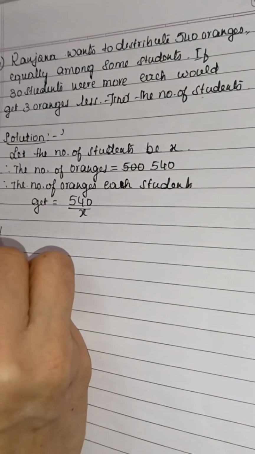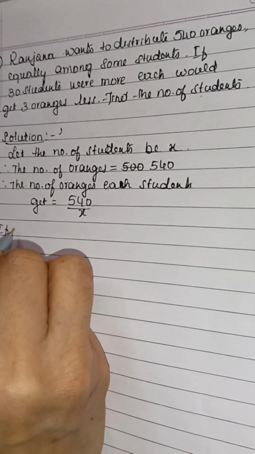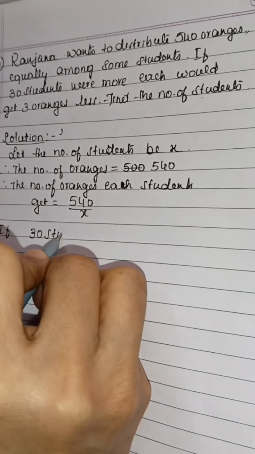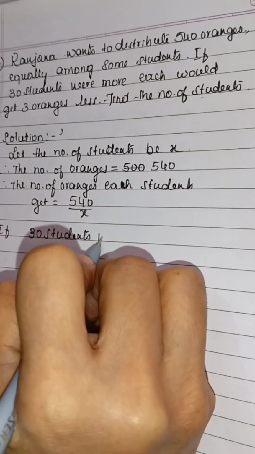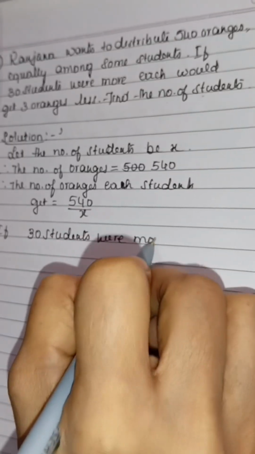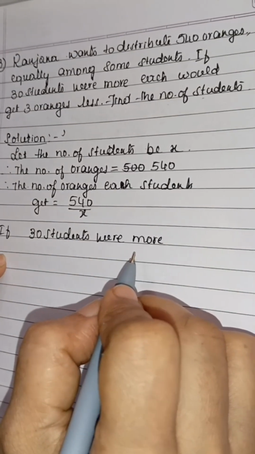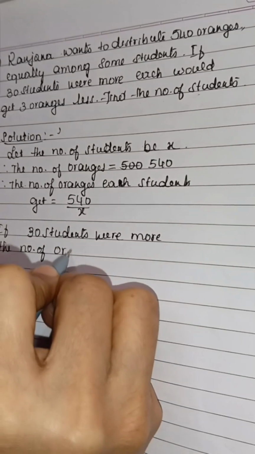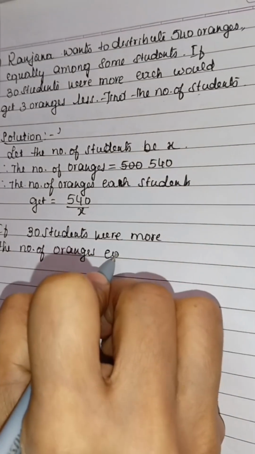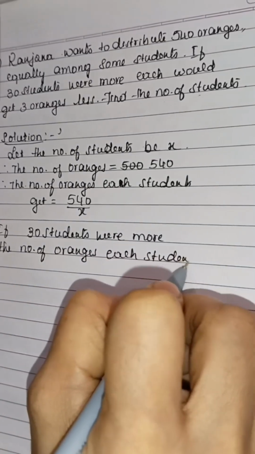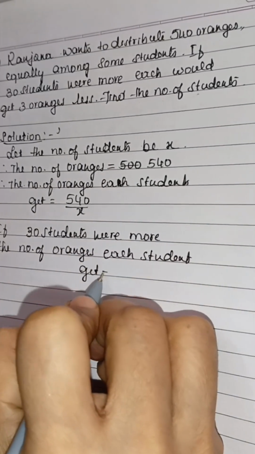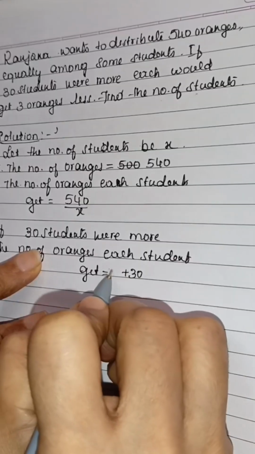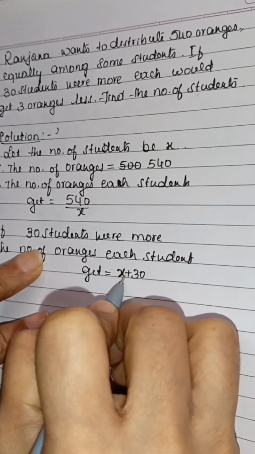There is one condition: if 30 students were more. Okay, if 30 students were more, the number of oranges each student gets, that is how much? 30 students more means plus 30, the number of students plus 30.